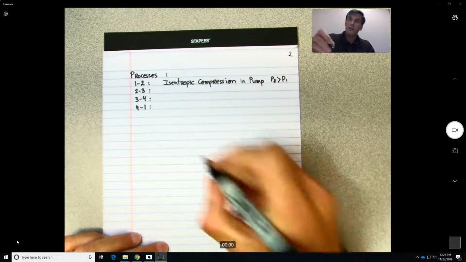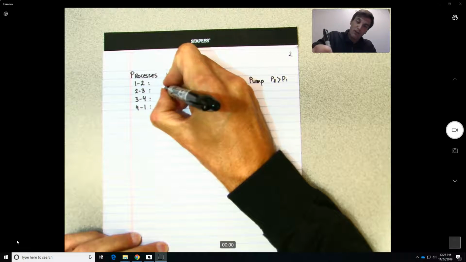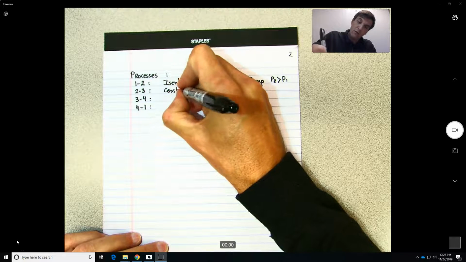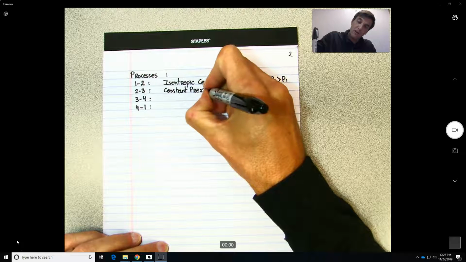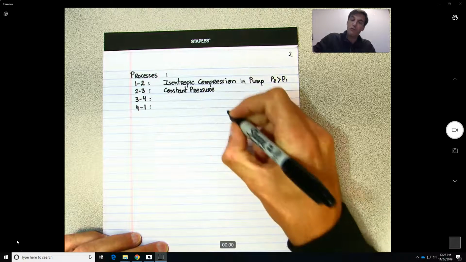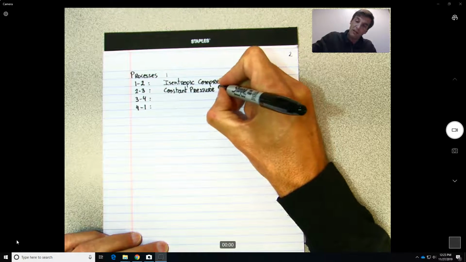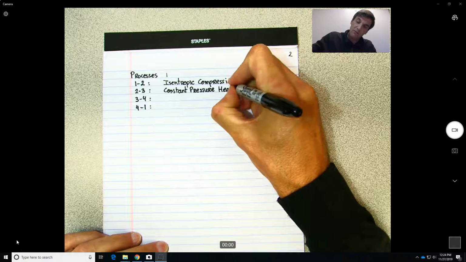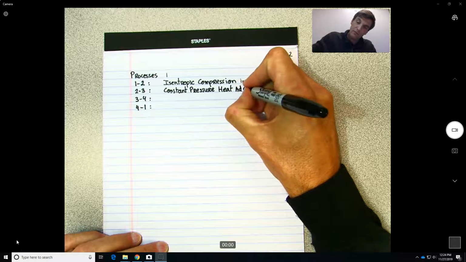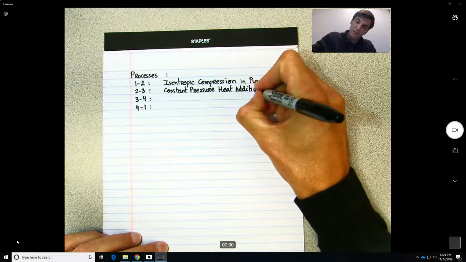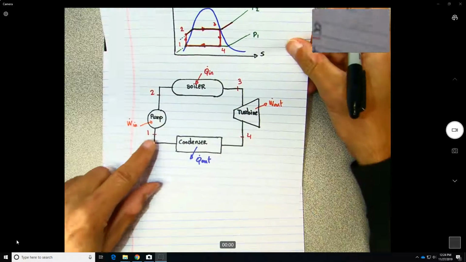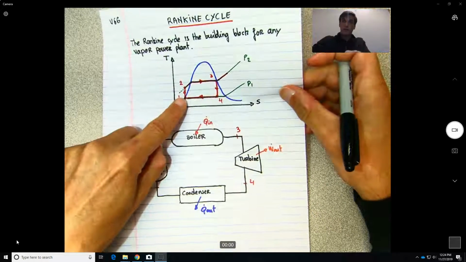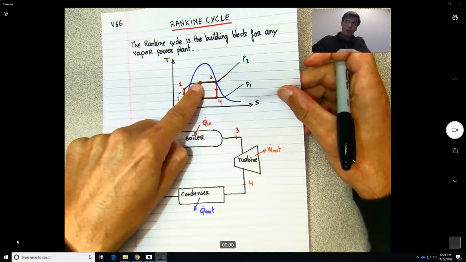Now, 2 to 3, you have a constant pressure process. The pressure is P2. You go through the boiler, so constant pressure, heat addition. Okay, basically, let's go back. 1, 2, you increase a little bit the pressure. 2, 3, you go through the boiler, constant pressure, heat addition.